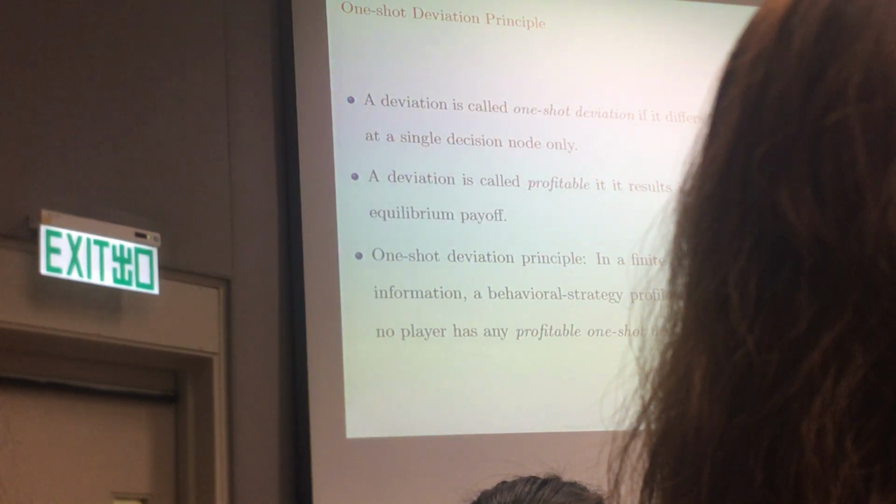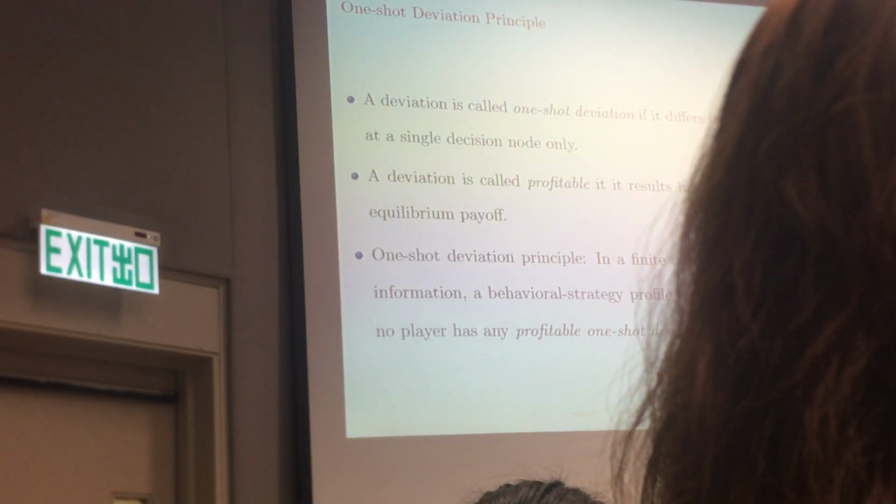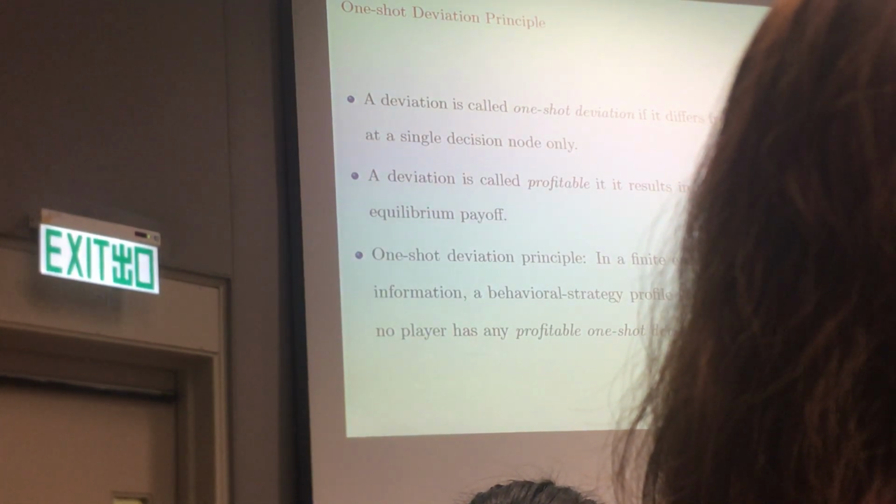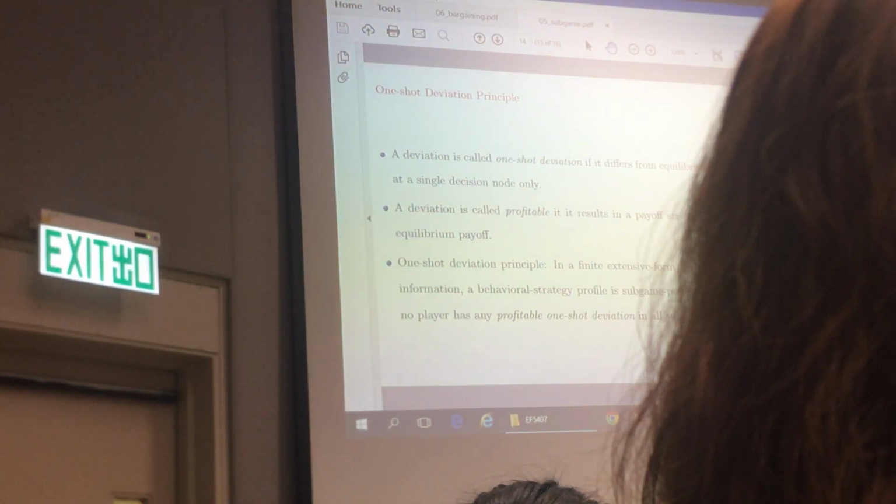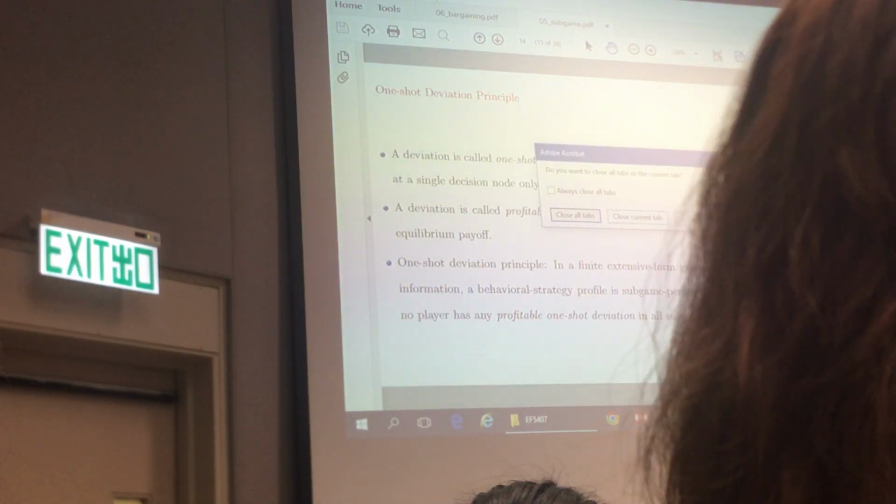All games you will see in this course, even those with imperfect information, you can safely use it. But it's good to keep in mind that the one-shot deviation principle is not generally applicable to all games. That's simply not true. So that's one quick comment I'd like to make before we move on.